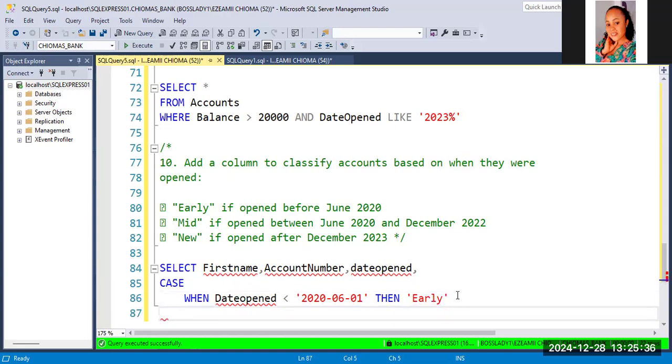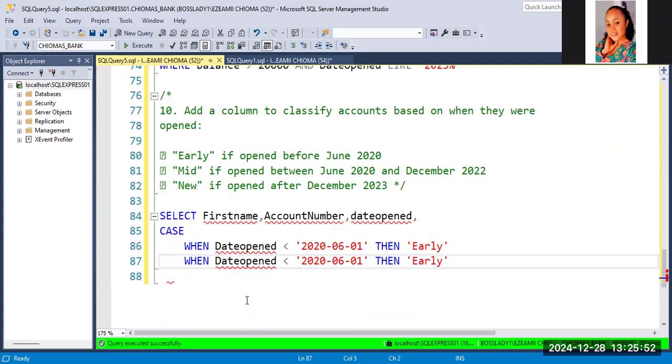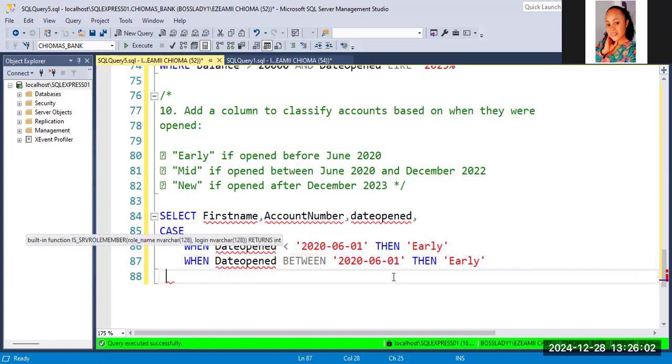When, let me copy this, please. So when date opened is between this and this. Okay, it's less than June.